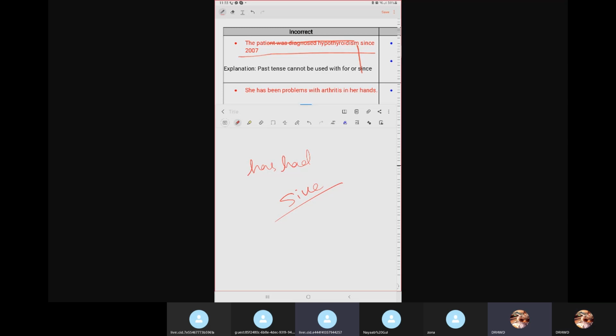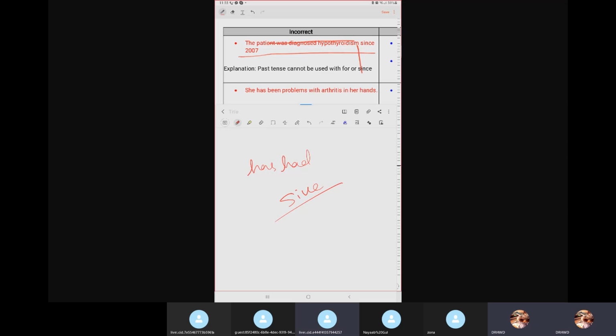The time is not specified in this statement. How can we use since in this? So you're saying that she has been problems with arthritis in her hands, and I say since 2002. How would you say this now? I think this is incomplete, but I'm saying since 2002.